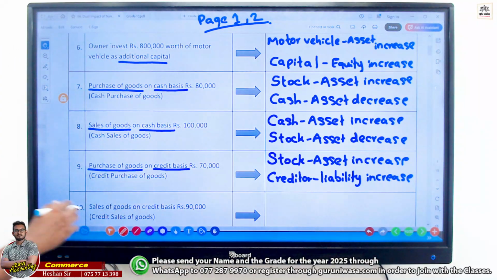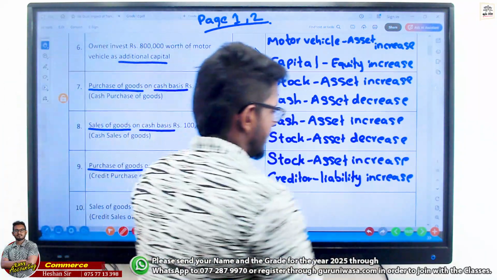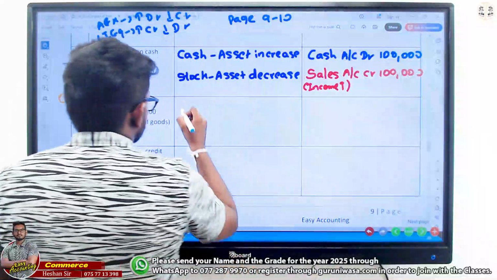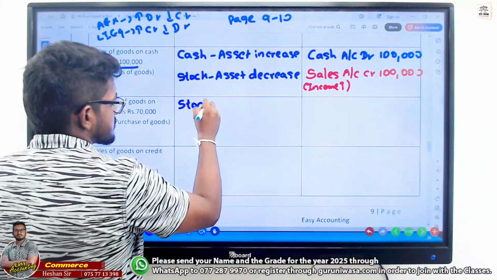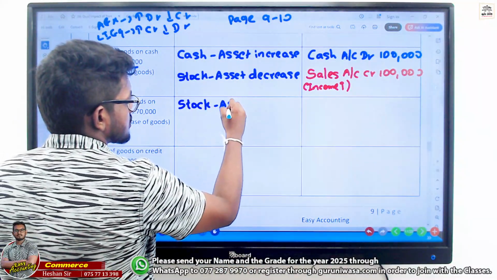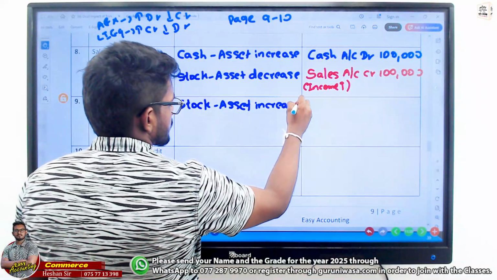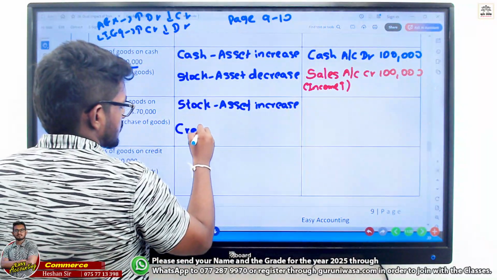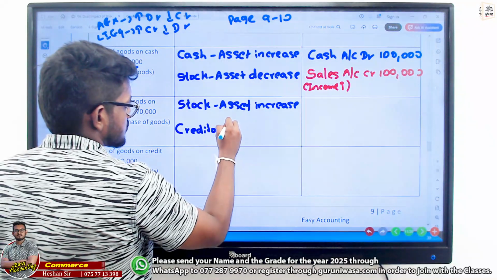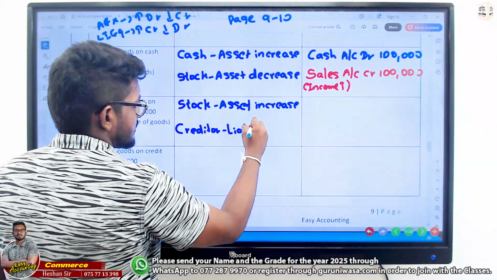Write the same thing in here. Stock asset increase, creditor liability.